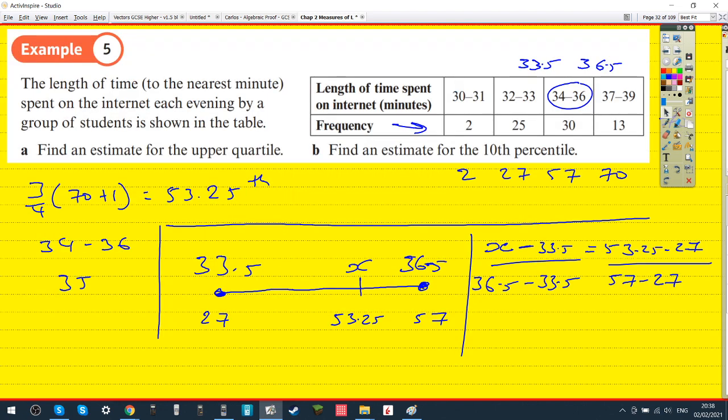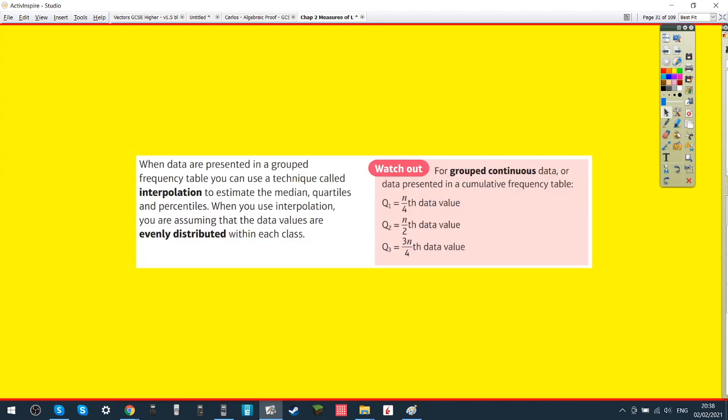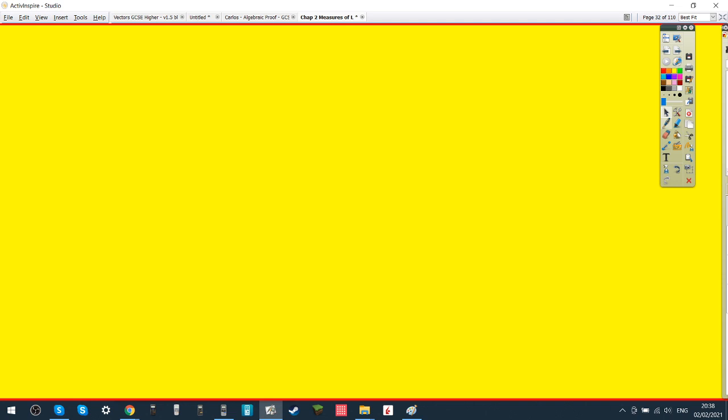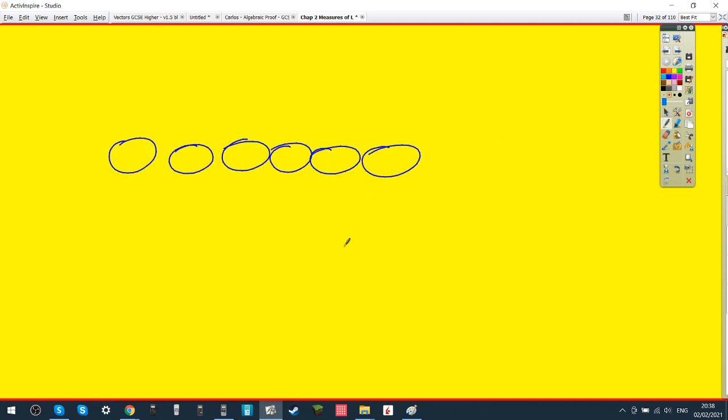But you know that if you had 6 people, 1, 2, 3, 4, 5, 6, and you said half of that is 3, so the middle person is there, but really, no, the middle person isn't the third person.